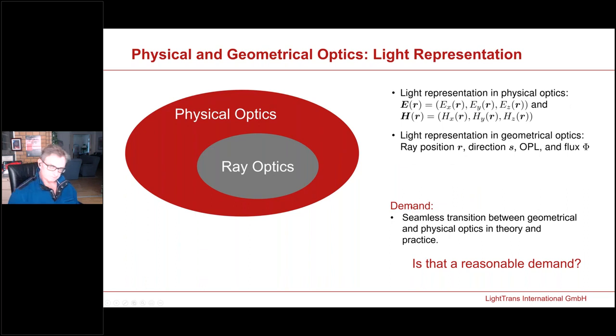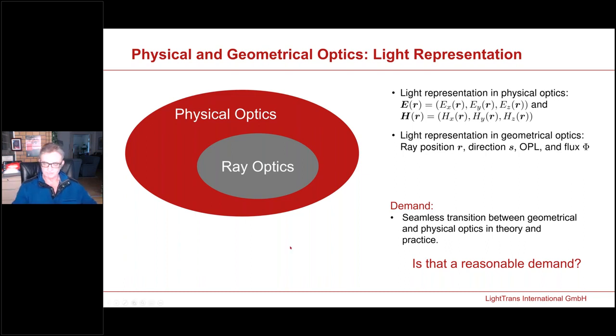The problem is that the light representation in physical optics are electromagnetic fields. It means we have electric fields, we have magnetic fields, together the electromagnetic fields. The light representation in general optics are ray positions, ray directions, the OPL, the optical path length along the rays, and at least in non-imaging optics, also the flux. This is a typical description.